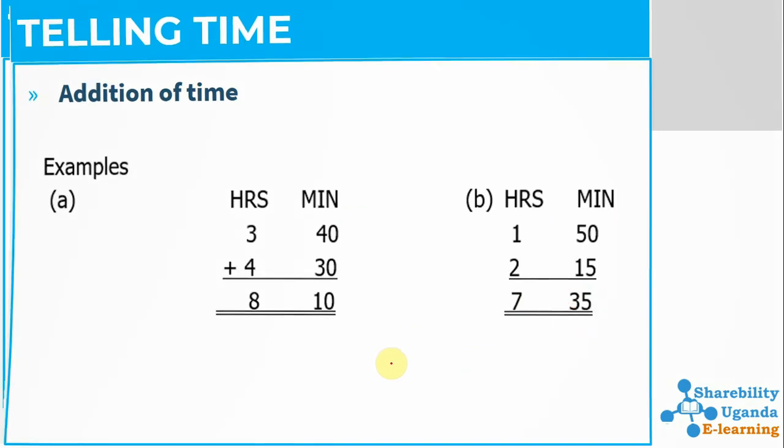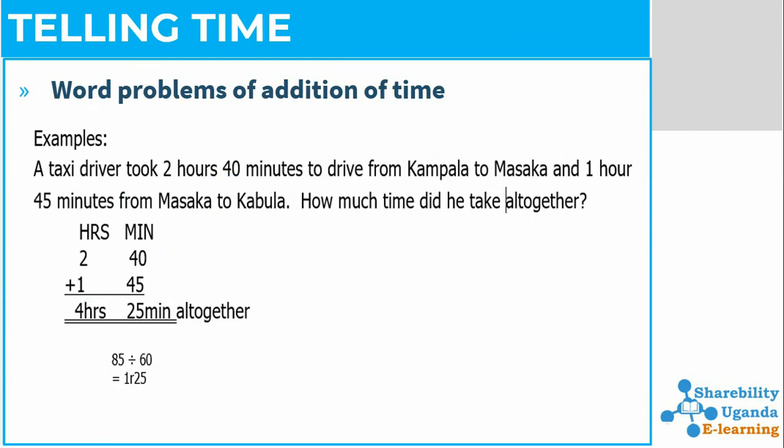Let's also look at another word problem. This is when they give you a word problem of addition of time. They give it to you in form of a statement, and they want you to use the concept of addition to come up with the right answer.